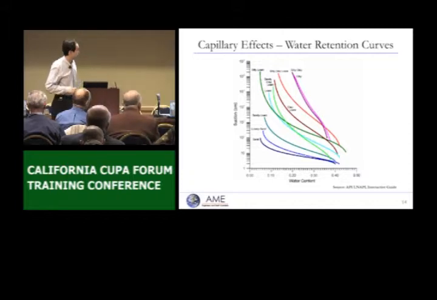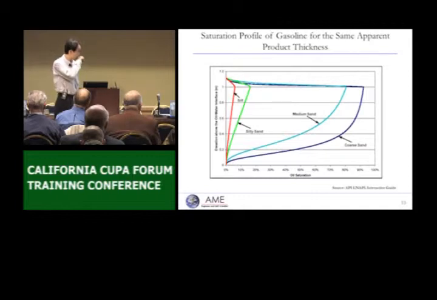Now, here's a relationship, which is the profile of gasoline for the same product thickness in a monitoring well. At the bottom here is the oil saturation, 0 to 100%. Here is the elevation above the oil-water interface. In this case, we assume 1 foot thickness in a monitoring well. These are in a formation, the distribution of the saturation.